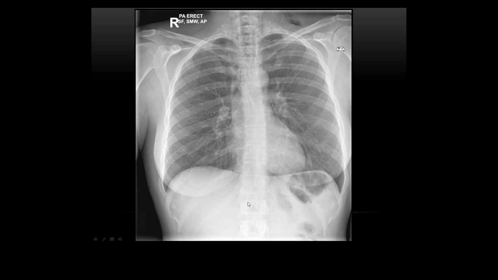So concentrate on your soft tissues and can you see any abnormality? Exactly. Brilliant. So in the left supraclavicular region, we've got subcutaneous emphysema. So what can that indicate?